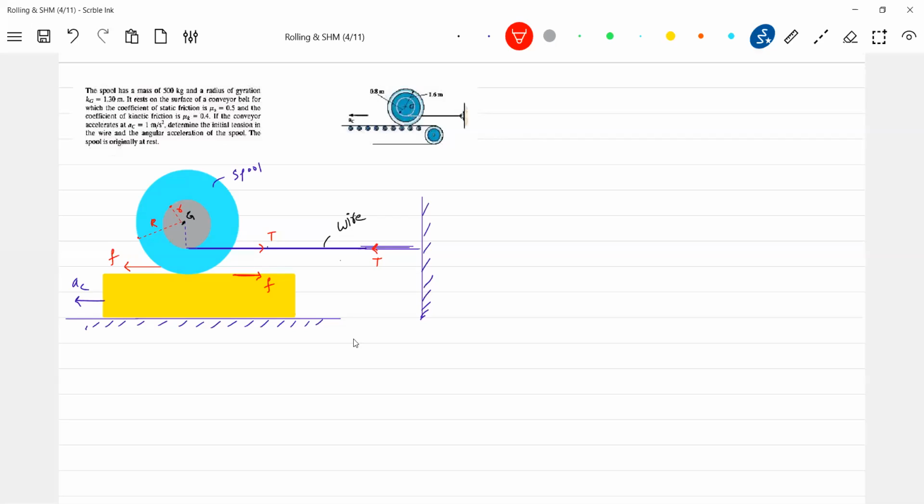Okay, I think I helped enough on this one. Looking at this, in what direction the center of mass of the spool should move, and in what direction it should have angular acceleration, that information is not there. We are supposed to make a guess. Anybody, can you tell in which direction the center of mass of the spool should move? Towards left or towards right or any other direction?